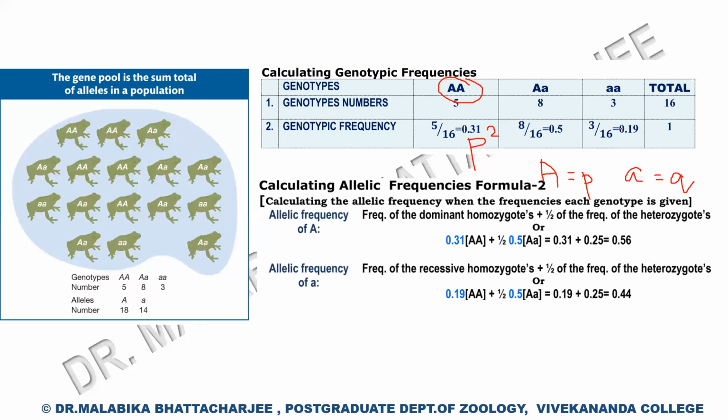If small a is Q, then we have Q square. Capital A, small a is PQ. We have twice PQ. How do we come to twice PQ? I'm coming to that. I'm showing it to you by a simple checkerboard drawn here.